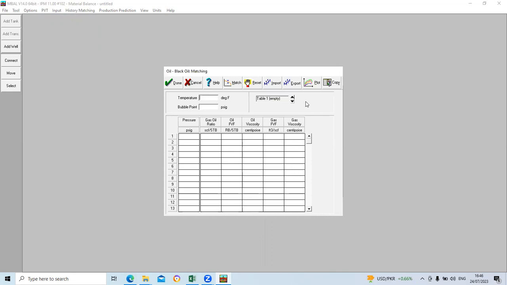And then we have to go now to match. When you go now to match, of course we cannot go there because we don't have any data. Once you go to match, you will now calculate. Then you have your different parameters, exactly like we saw in Prosper. You start comparing to see which one is a better option.